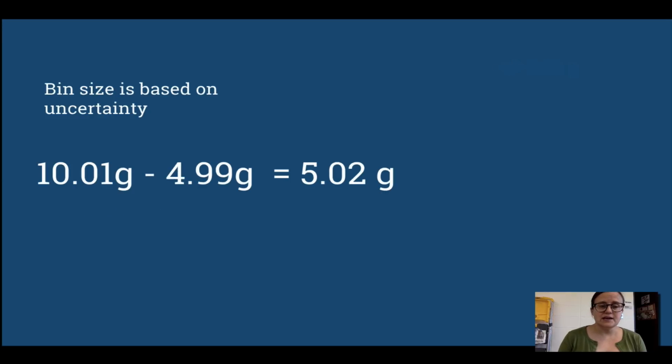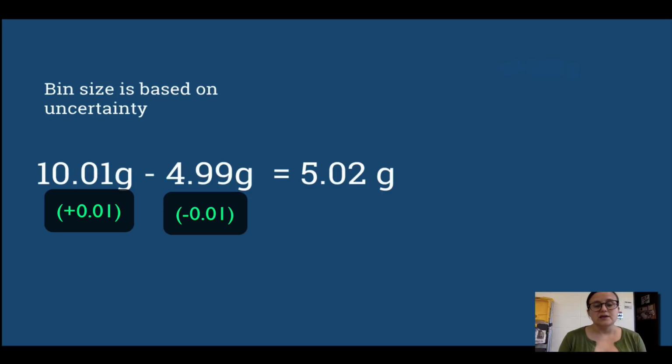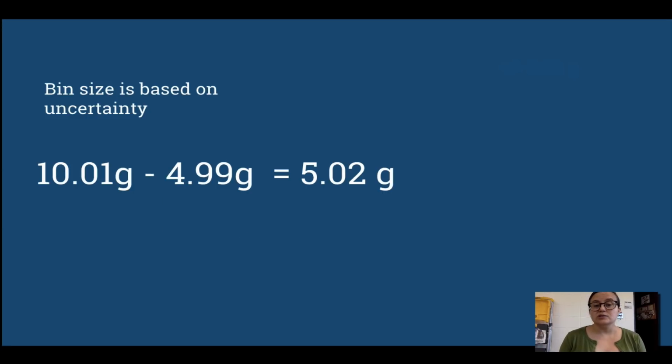Well, let's say that my 10 grams was really 10.01 and my 5 grams is really 4.99 grams. So if I do that math, I end up with 5.02 grams, which is 0.02 grams away from what I thought, 5. So again, each individual measurement has an uncertainty of plus or minus 0.01 grams, but my final calculation has an uncertainty of 0.02 grams.